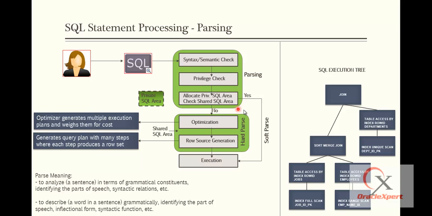Now in this hard parse, I would have to do everything on my own, which includes optimization of the SQL statement that was submitted. And in the optimization, the optimizer generates multiple execution plans and weighs them, compares them for their relative costs, and the one that is supposed to be the least costly would be picked up as my final decision of the way I am going to execute my SQL statement.